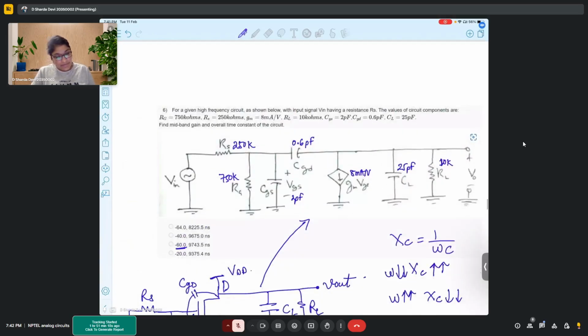Now there was another part, right? You have to calculate the overall time constant of the circuit.